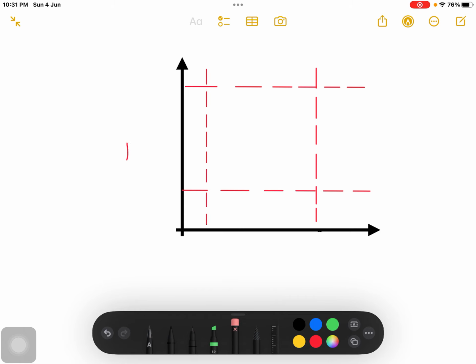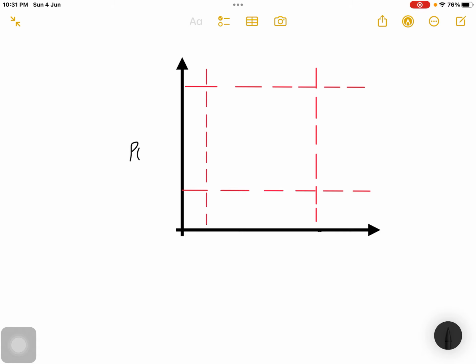Pressure on this axis, in bar, and volume on this axis, in meter cube.